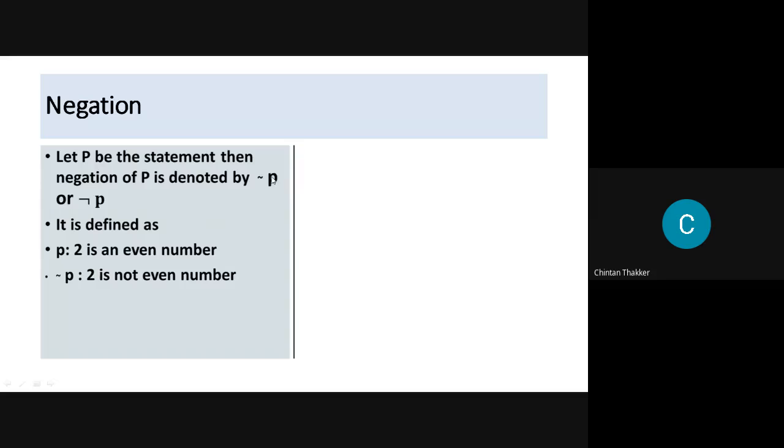This is one method to denote the negation statement, and this is the second method. So you can denote the negation statement in these two ways. Here, if 2 is an even number is given, the negation statement is 2 is not an even number.